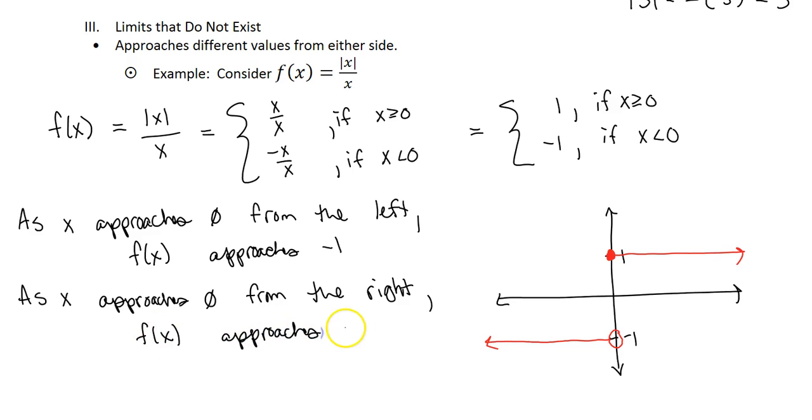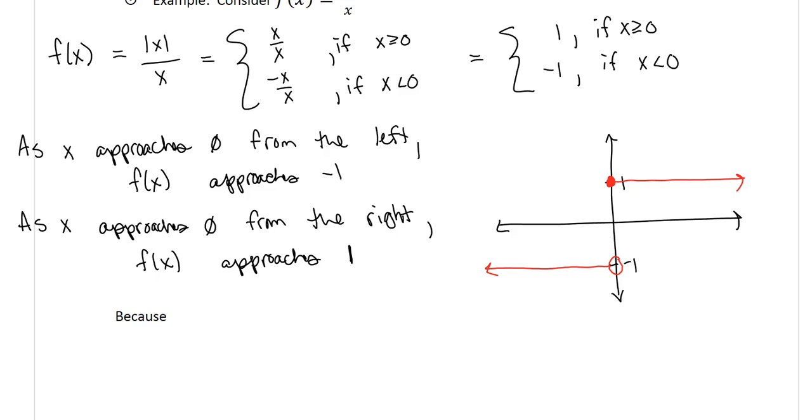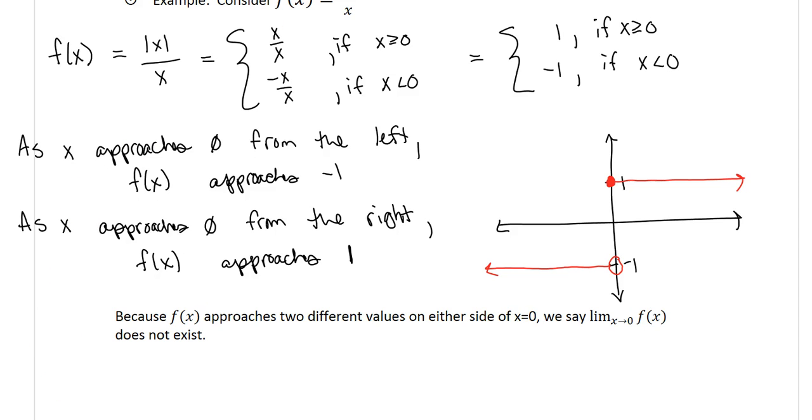If you look at it from the right, it's approaching +1. Okay, so because f of x approaches two different values on either side of x equals 0, we say that the limit as x approaches 0 of f of x does not exist.